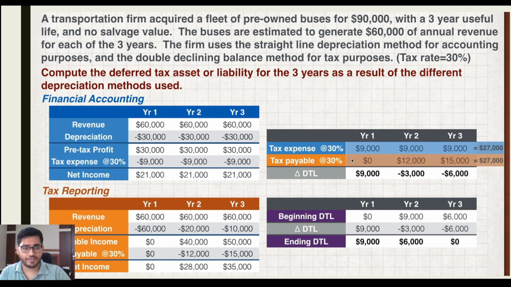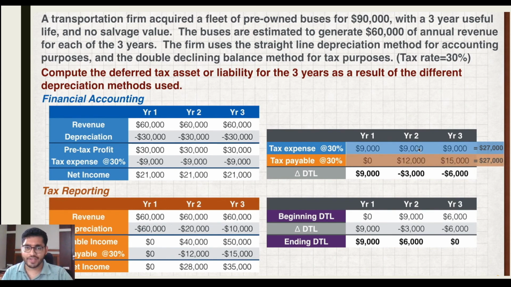And when we put this change in deferred tax liability of 9,000 into the previous formula, I hope you all remember, which is income tax expense equals tax payable plus changes in deferred tax liability, we get ending deferred tax liability of $9,000.